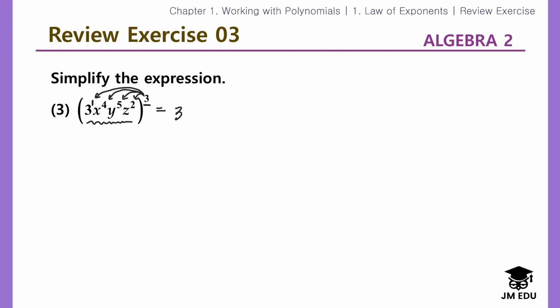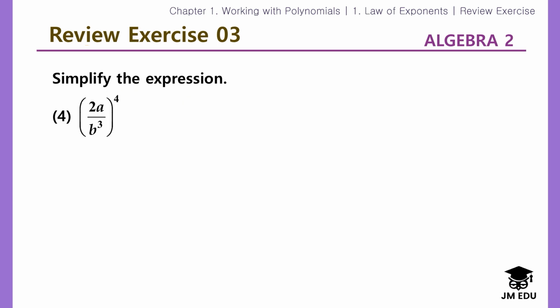So 3 to the 1 times 3, that's a 3. x to the 4 times 3, that's a 12. y to the 5 times 3, that's a 15. And z, 2 times 3, 6, right? So that's going to be 3 cubed, which is 27. 27x to the 12, y to the 15, z to the 6.